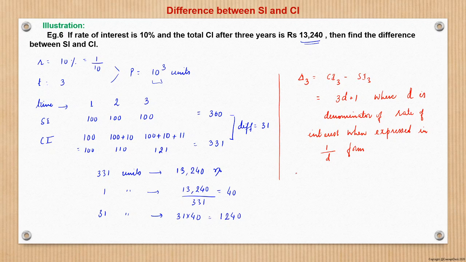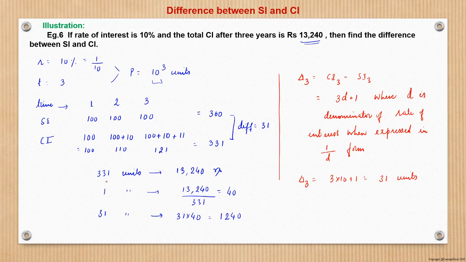So here we could have directly written, using this formula, that the difference for the 3 years will be nothing but, here d is 10, so 3 into 10 plus 1, which is 31 units, right?